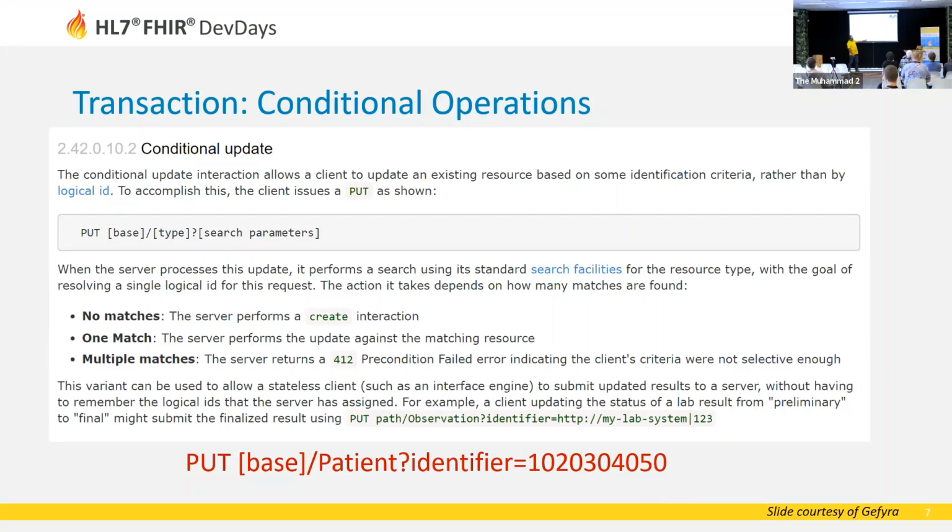But if it already exists, then it will be updated, and if it doesn't exist, then we're going to create it. That's nice. So if the allergy doesn't exist yet, then it's going to be created, and if it already exists, it will be updated, which is exactly what I want. So transactions in combination with conditional operations actually sounds like a pretty solid and easy way, basically, to map your messages to FHIR.